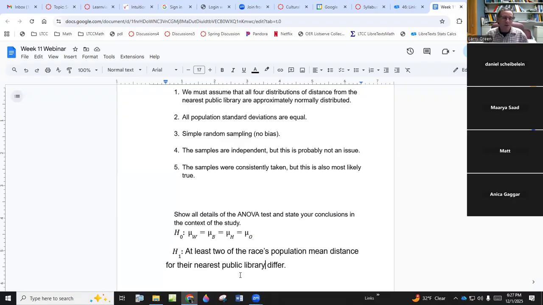The ramification is we didn't quite understand the social characteristics. We thought there was a difference in distance from the nearest public library, and you're going to look at that and publish that in the sociology journal, versus not seeing any significant difference and publishing that in the sociology journal. So either way, about the same, so we just say 5%.